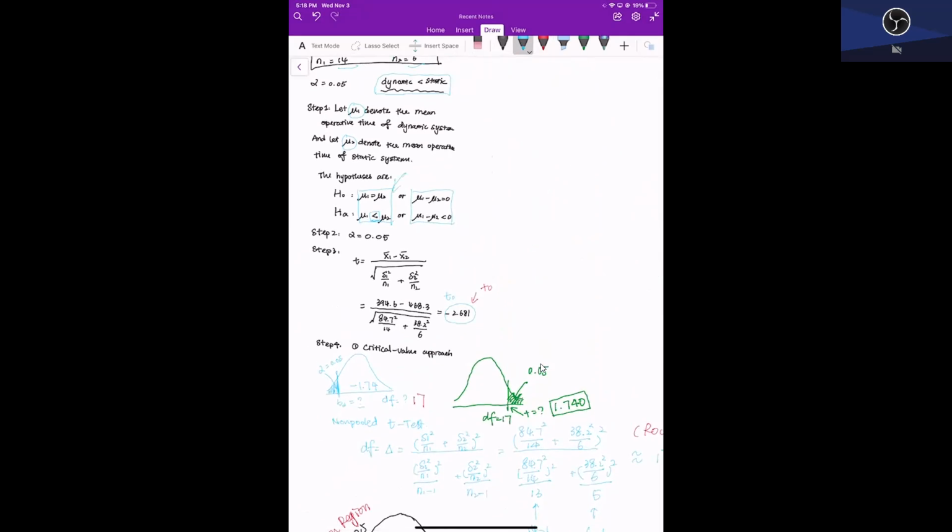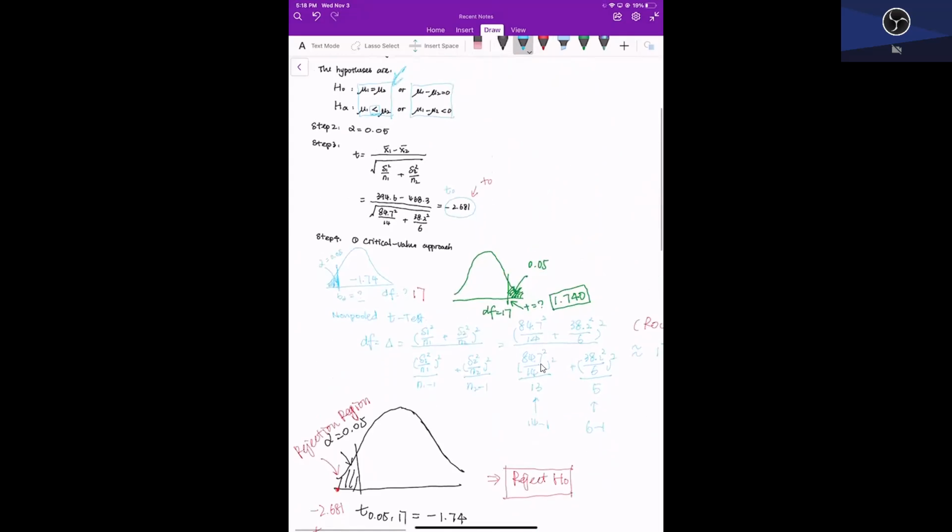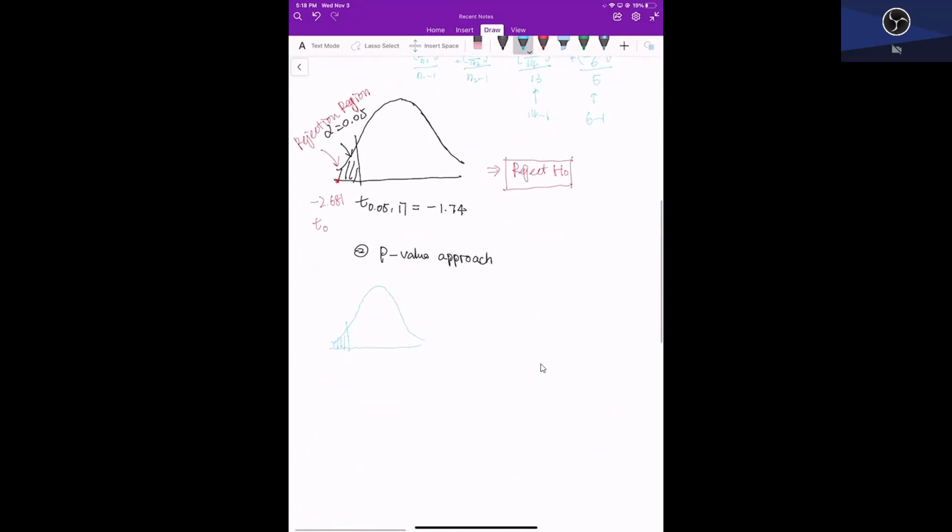The hypothesis test, left side. And you're going to put T0, the negative 2.681, here.